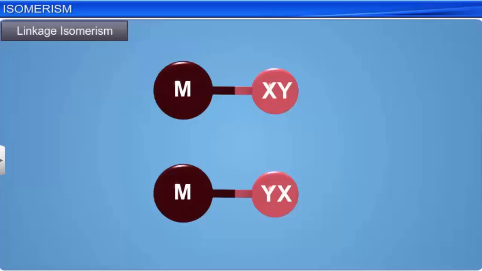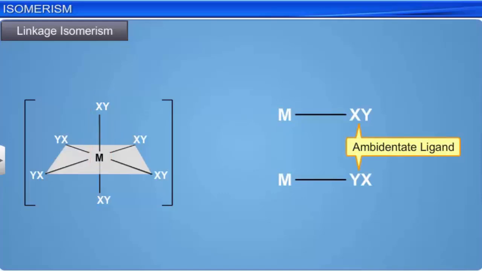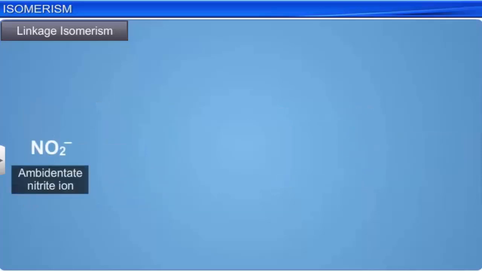For example, in the ambidentate nitrite ion, either nitrogen or oxygen atoms could act as the electron pair donors. Thus, there is a possibility of isomerism. 2 different complexes, each containing nitrite ions, have been prepared.